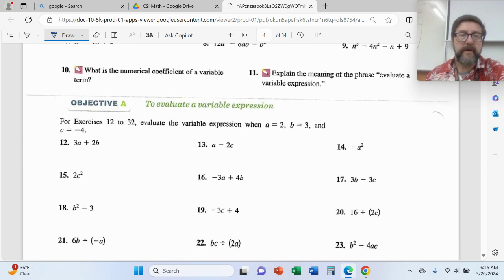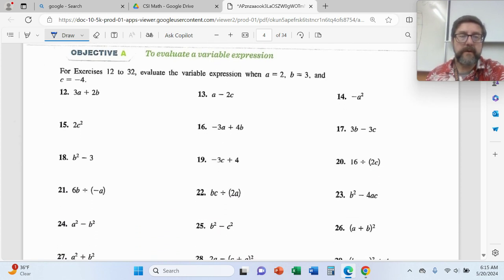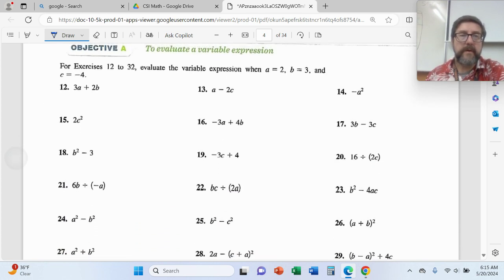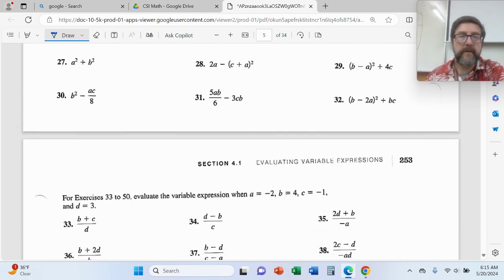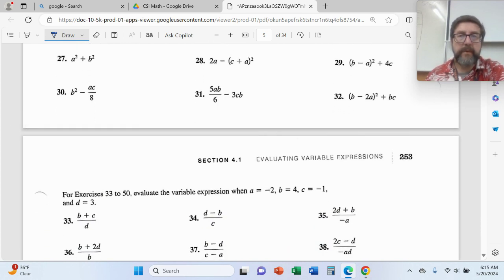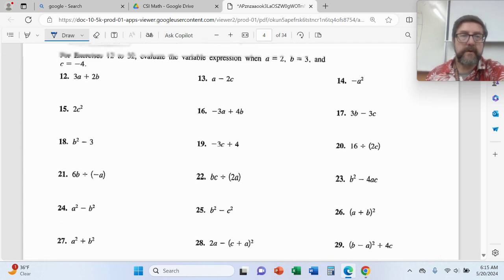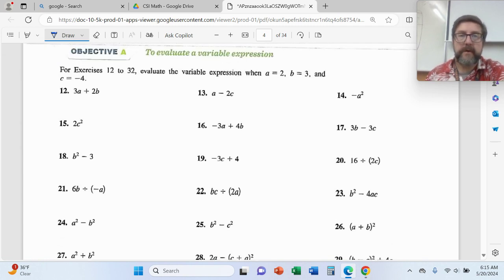Okay. Let's go, pause it and do the math. Maybe I'll help you out here a little bit. Actually, yeah, they tell you what the variable expressions are.